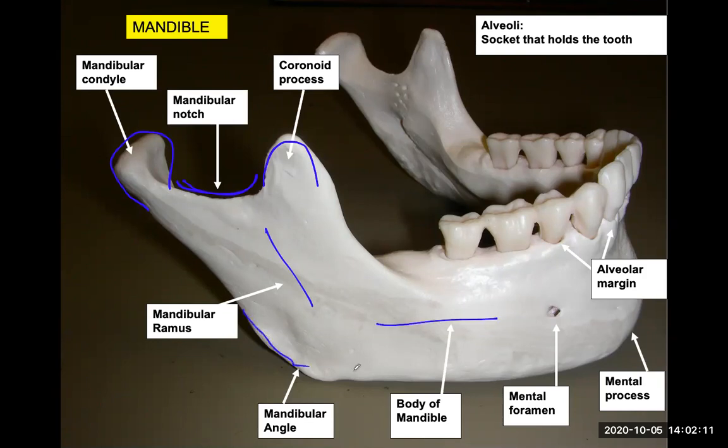Putting these two together, you get what you call the mandibular angle. You have a little opening right here called the mental foramen. And then the mental process is that little area, which is basically your chin, where the bones come together. As I mentioned earlier, the alveolar margin is visible on both the mandible and the maxilla.